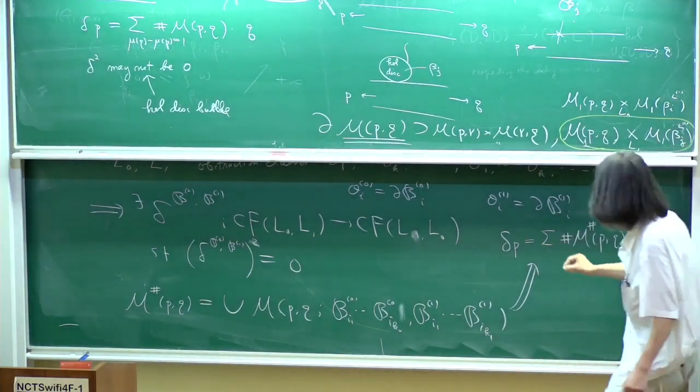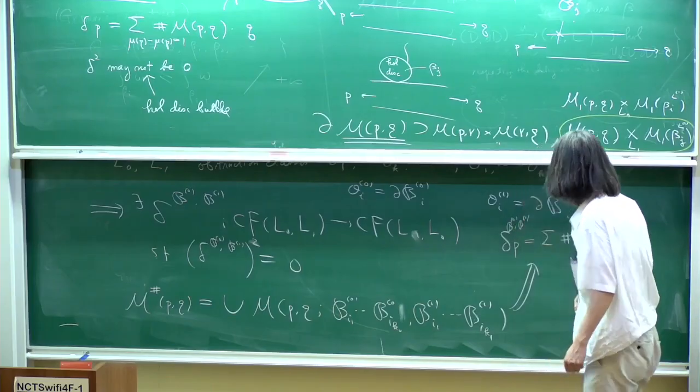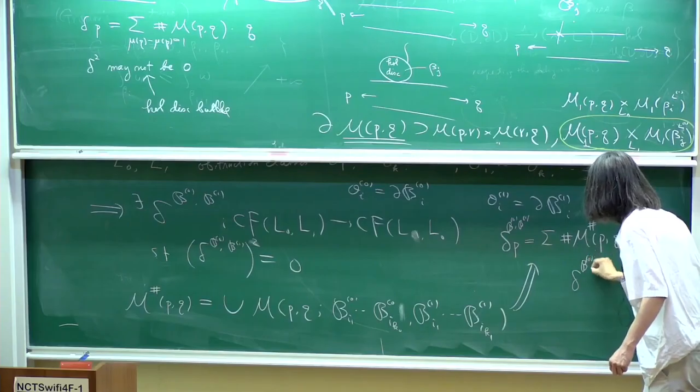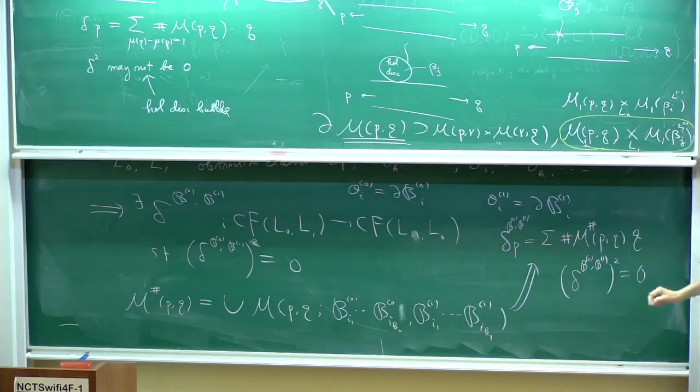Here I use this B0 and B1, and then we can show that this one satisfies this. Okay. So I don't know how appealing this is, but this is somehow the geometric picture of rectifying Floer's boundary operator.